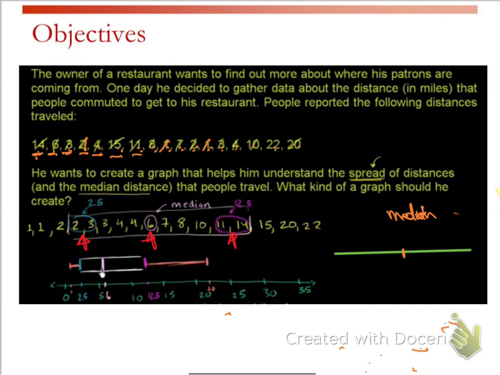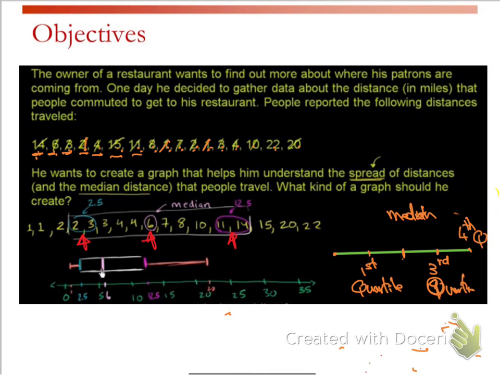This we'll call the first quartile, and this is the median, the second quartile. So here this is the start, first quartile, second quartile, and this one will be the third quartile, and this will be the fourth quartile. That's called 4Q, 3Q.